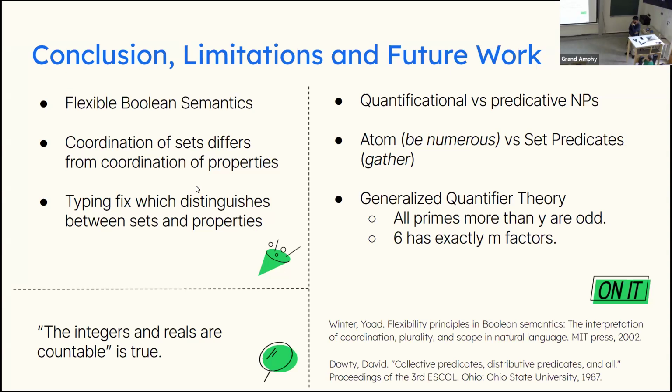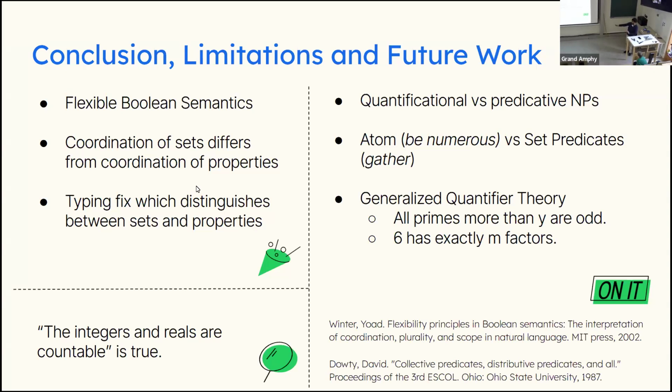If I don't have a good grammar to parse the sentence, I can have ambiguous parses where I take the coordination of integers and reals together and then apply the plural definite article. And if I take that parse and use my proposed system, I would predict it to be true. So this sentence shows a limitation of the system that I proposed here.